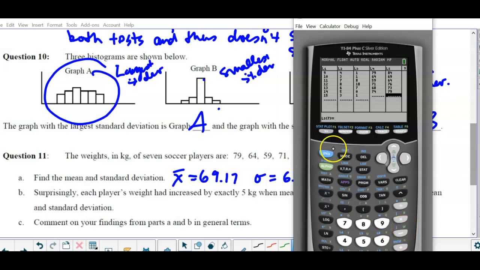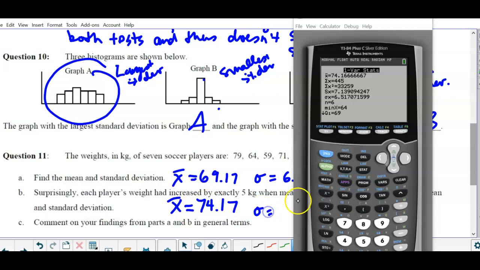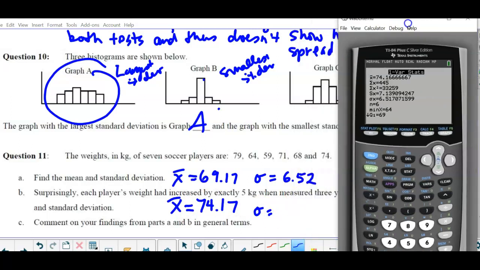Okay, and so now if I do my calculations on L5, what's happened? I get a mean of 74.17 and a standard deviation of 6.52.